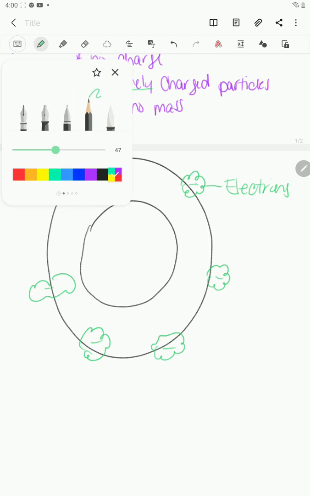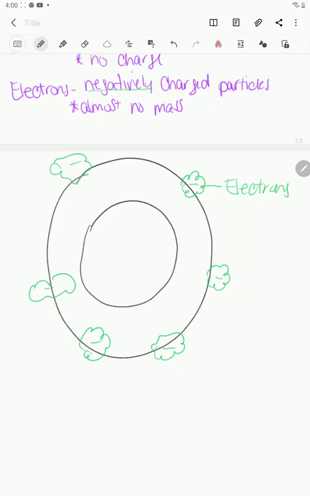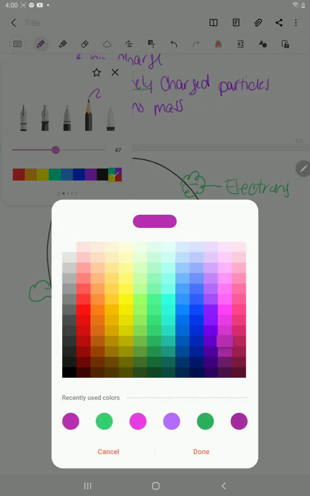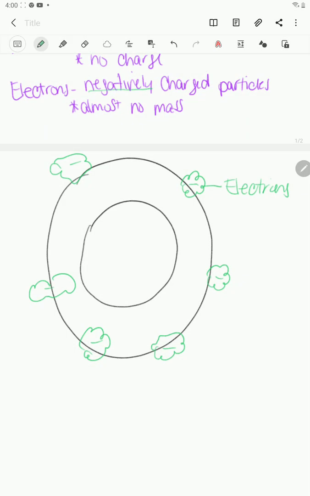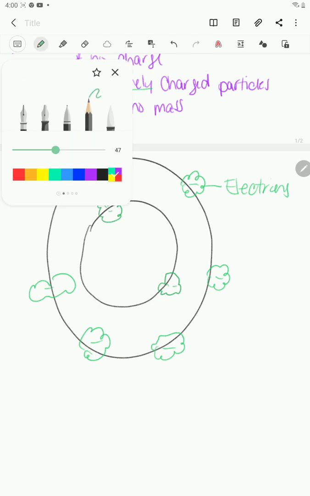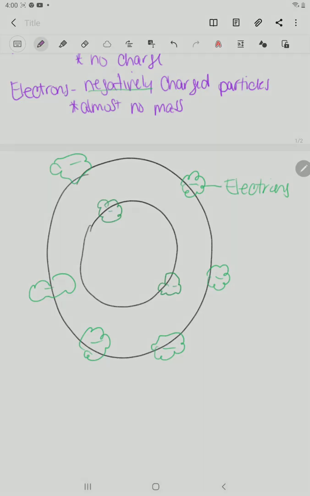So then let's change to a different color. Let's use pink. Then, well, first, I am just forgetting myself here today. We forgot the electrons on this orbit. Okay, so then we'll go back to pink or whatever color this is, and we'll draw some of these. They look like little berries, right? And these just have little dots on them.